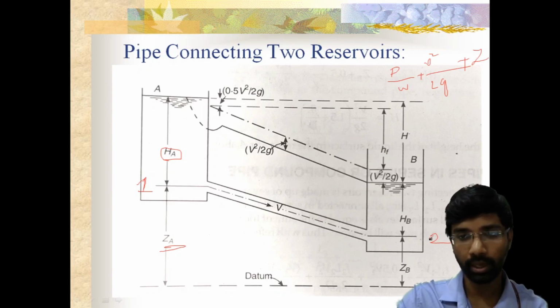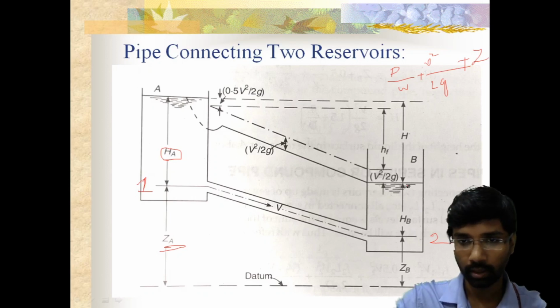Next, apply Bernoulli's equation at this particular point 2. It is P by W. Again, the pressure at this particular point 2 is due to the height of the water column above this point. The height of the water column is HB and datum is ZB. Velocity is 0.